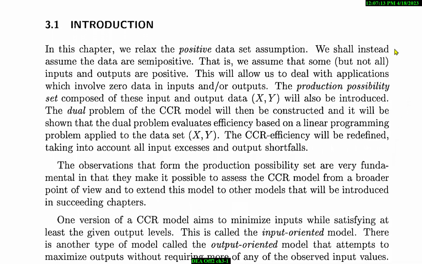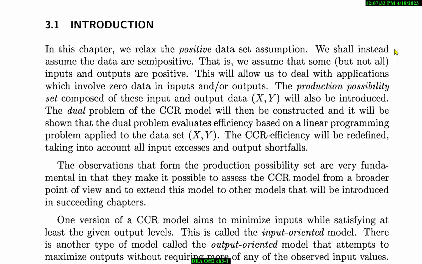In this chapter, the concept of production possibility set will be introduced. The positive dataset assumption is relaxed, and instead of assuming the data are positive, it is assumed that the data are semi-positive.